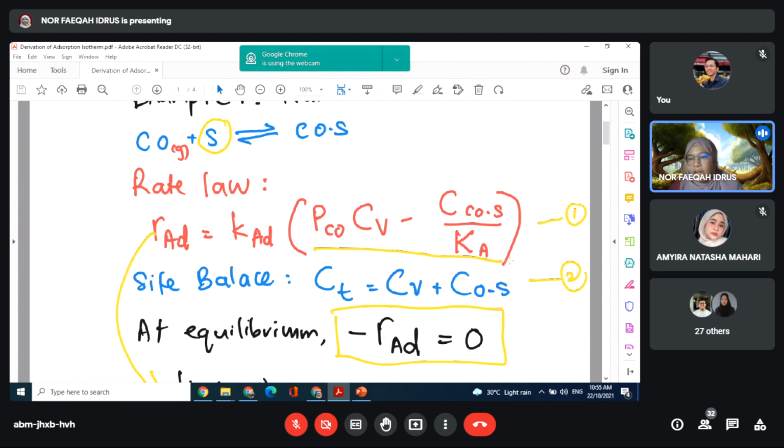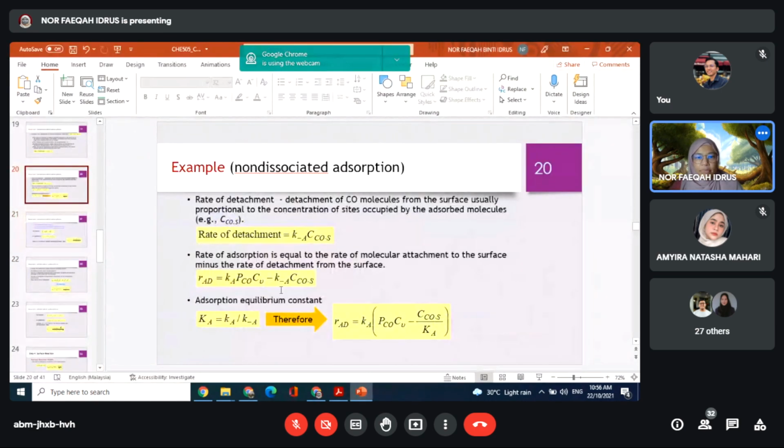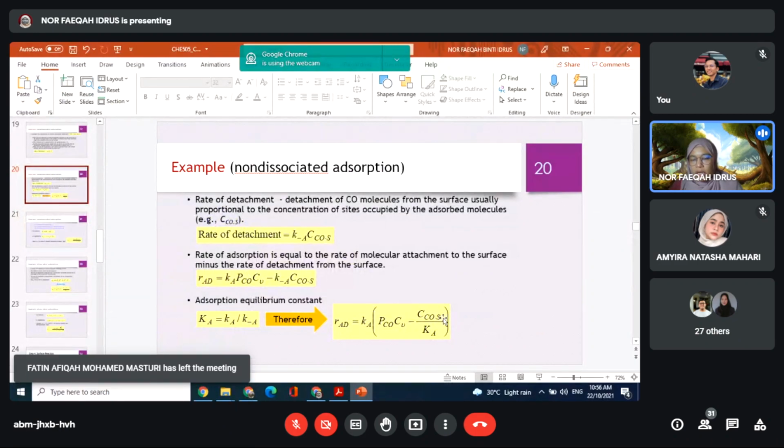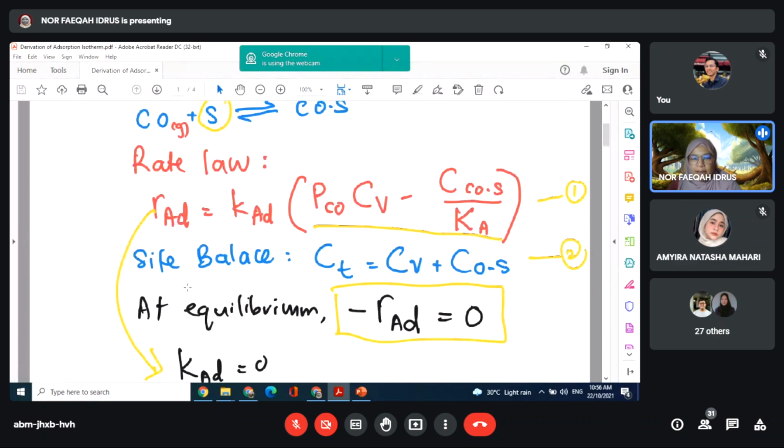So this is the net rate of adsorption. If you are still confused about writing it in terms of the equilibrium adsorption constant, you can start with this one first, before writing it in terms of the equilibrium constant. Once you are used to it, just directly write the rate of adsorption equation in terms of the equilibrium constant. Then write the site balance as before, so start from here.